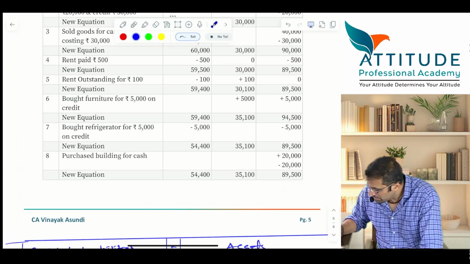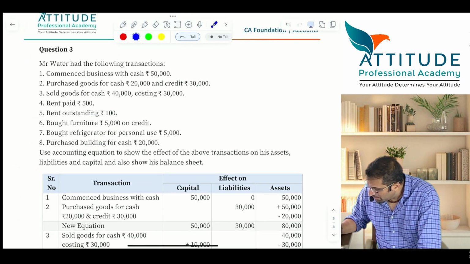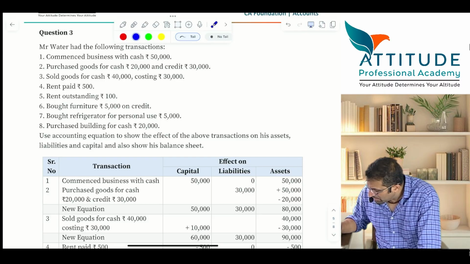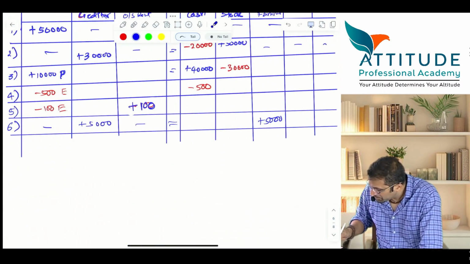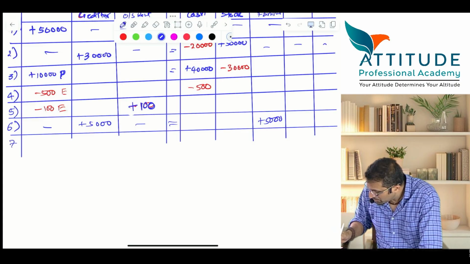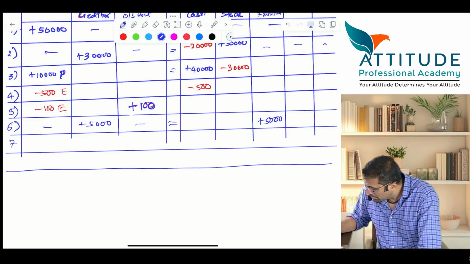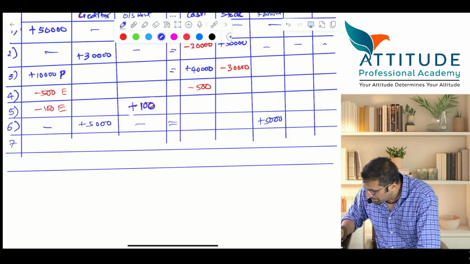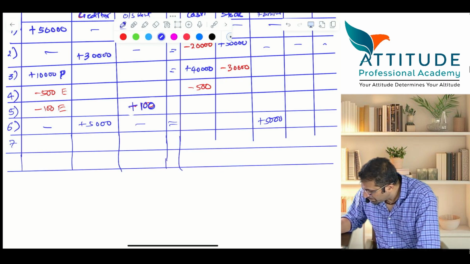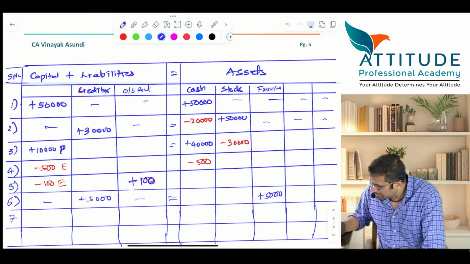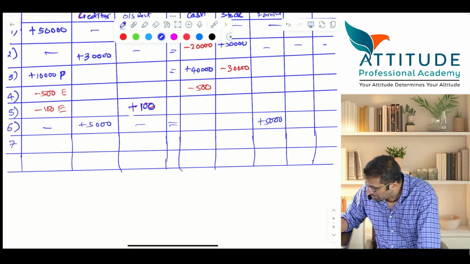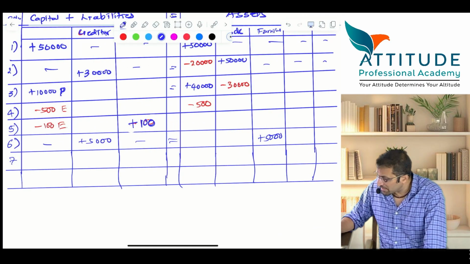हो गया? नहीं, 7, 8. Bought refrigerator for personal use. बताओ. What, refrigerator for personal use?